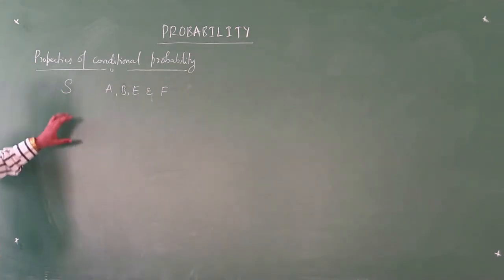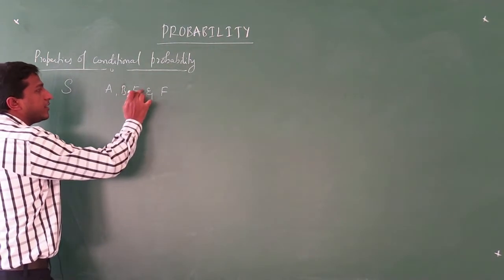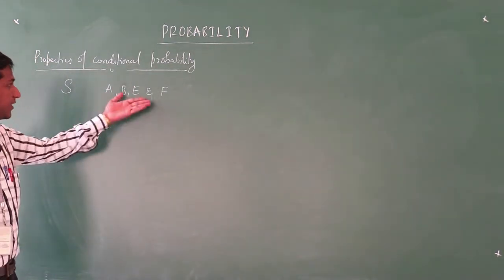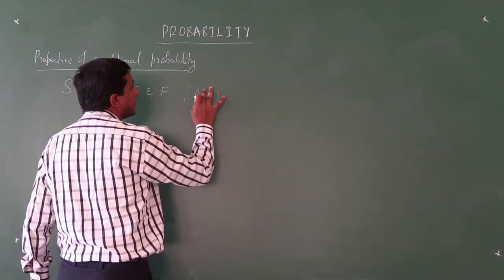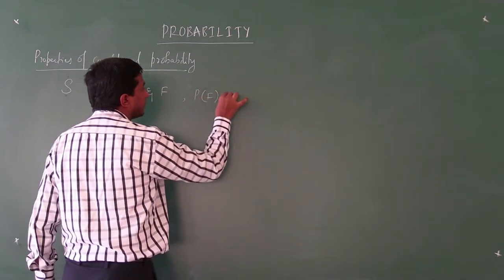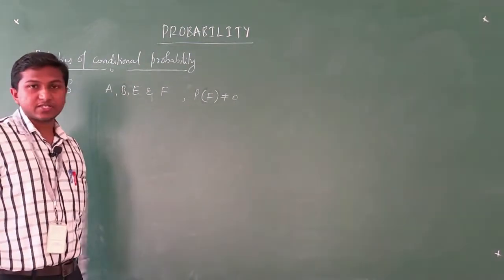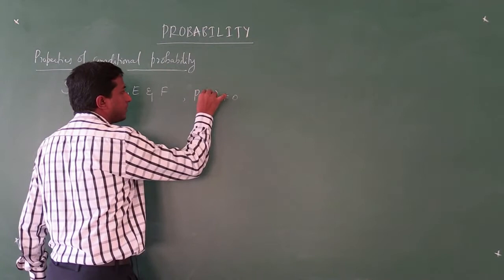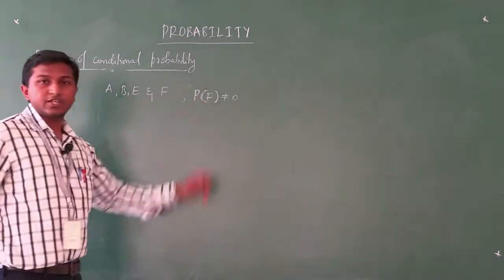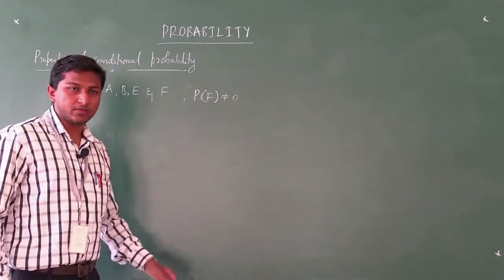We have taken a sample space S. A, B, E and F are events of sample space S. One more condition is that probability of event F will not be equal to 0. So we'll make this restriction: P of F, probability of event F, is not equal to 0. So this applies for all 3 properties.